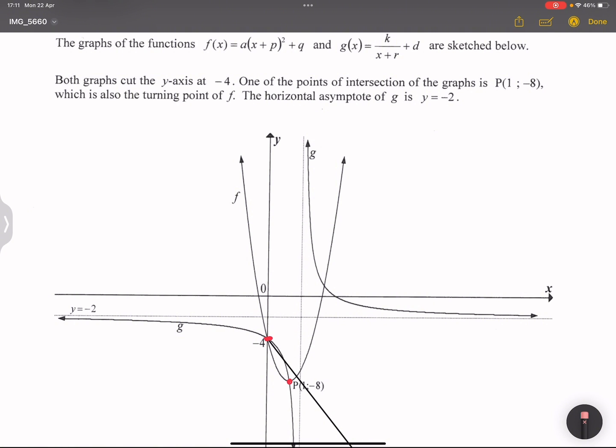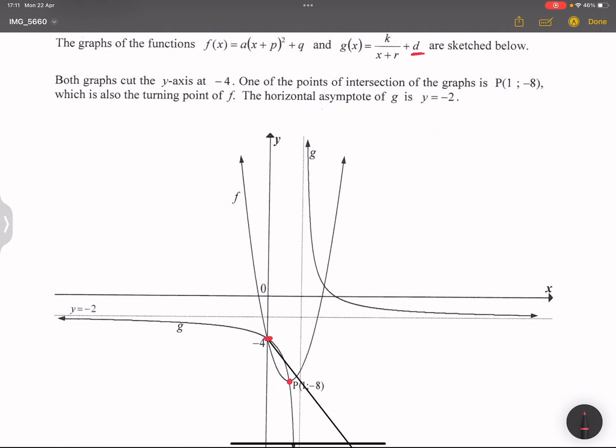Now the horizontal asymptote, ladies and gents, would be this value over here, which is d. So that would be our d value. So we need to find out now what is the r value, and in this case, what would be our k value.